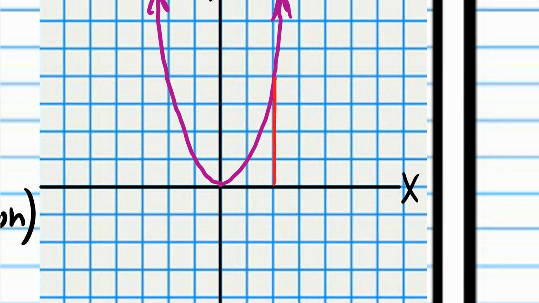So we get 4/5, which would be about here. And same thing over here. That y value is divided by 5 and we get 4/5. And this y value is 1, so we divide by 5, we get 1/5. That'll be about there. Same on the other side if we use symmetry.